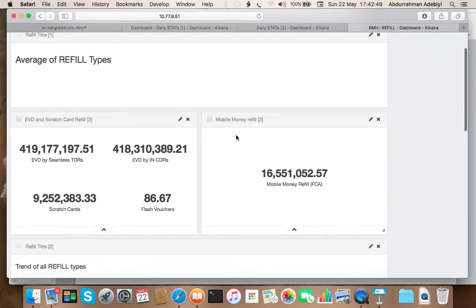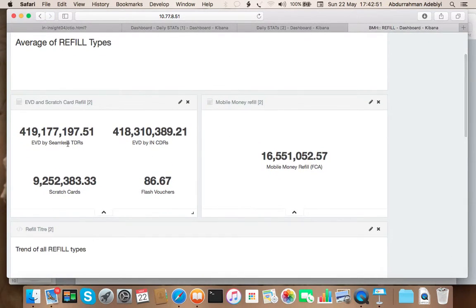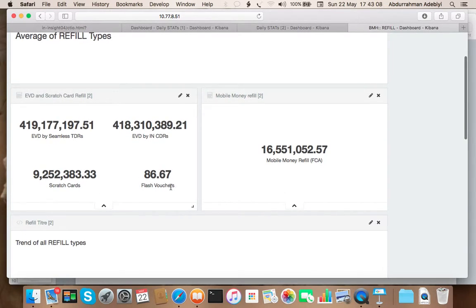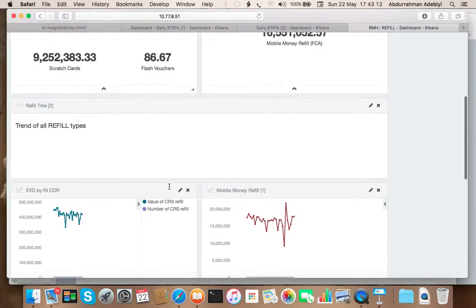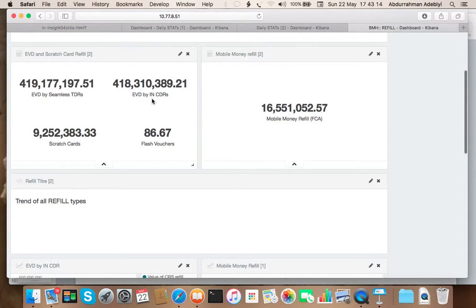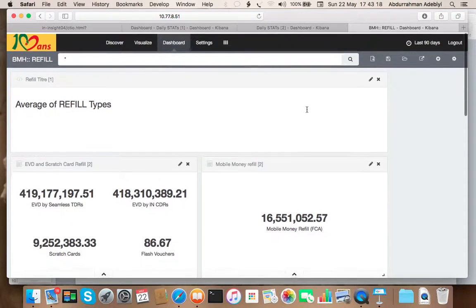We can see the metrics by seamless, for the TDRs and IN CDRs, comparing the seamless CDRs with the EVD IN CDRs, and the number of scratch cards as well as flash vouchers. That should be revenue, sorry, and mobile money as well.